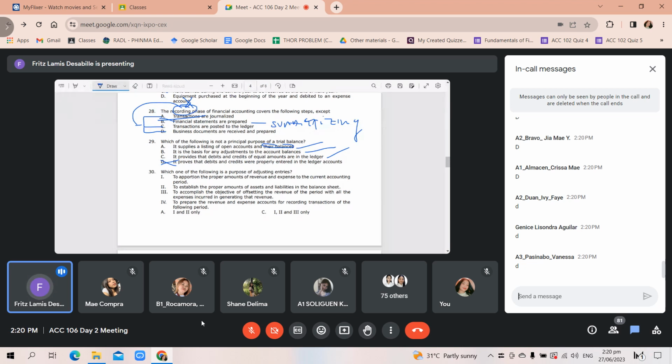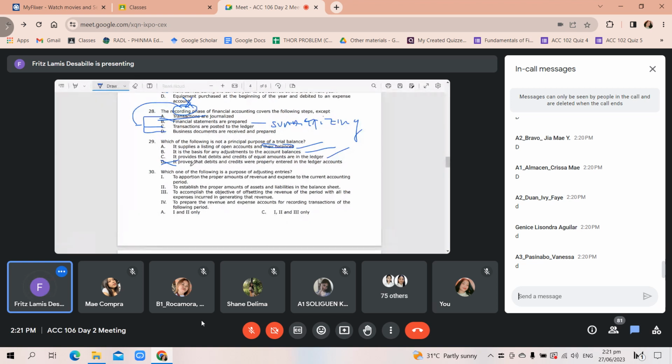So the fact nga naay mga errors na dili ma-detect sa trial balance proves that debits and credits can be entered improperly. So dili meaning nga balance imong debits and credits properly entered na tanan, di ba? So therefore, D is wrong.